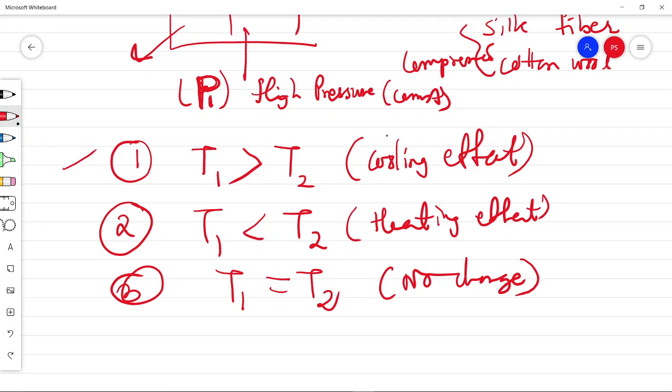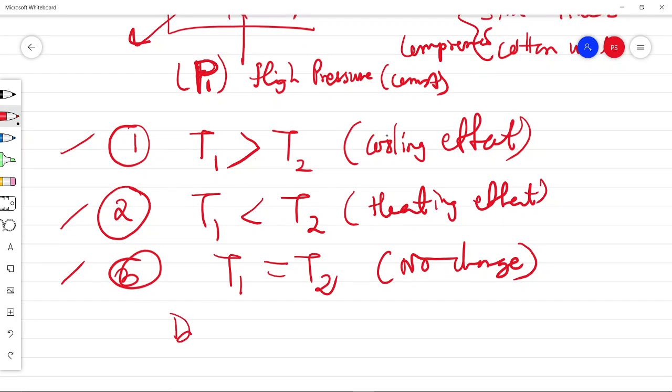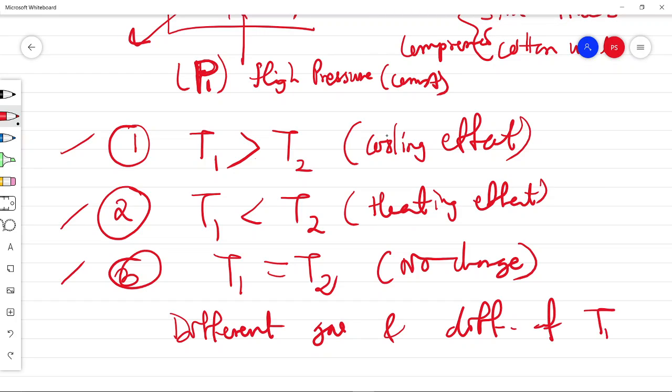Of course, these three possible outcomes were tried with different gases and different values of temperature in region 1.